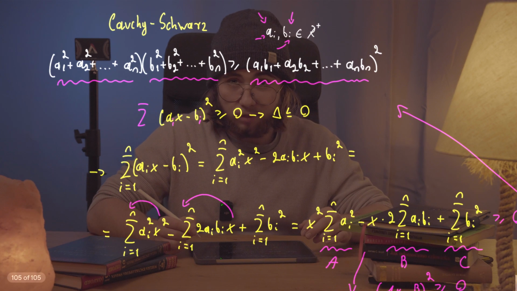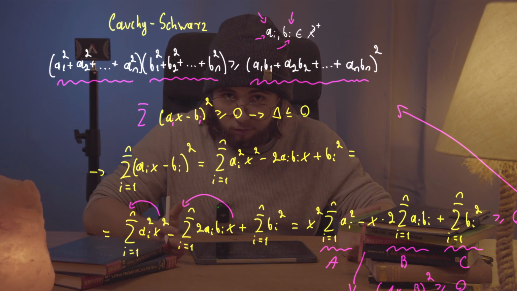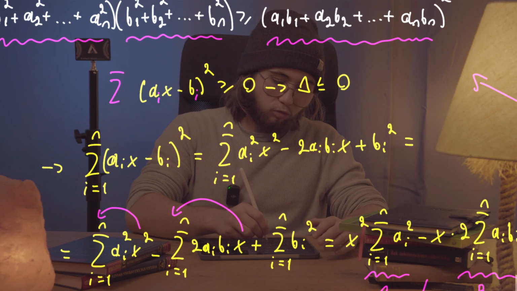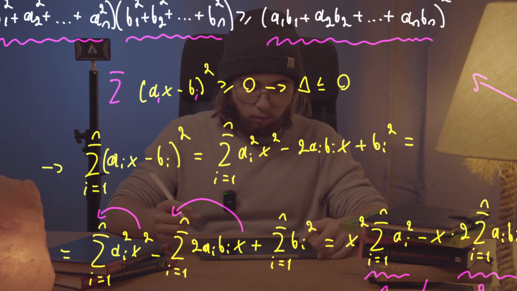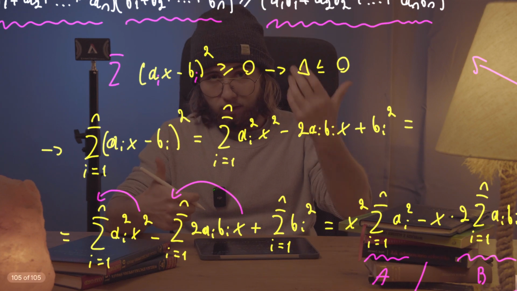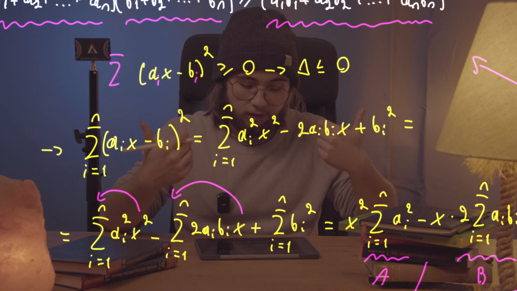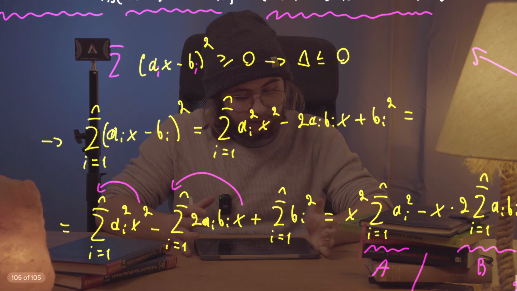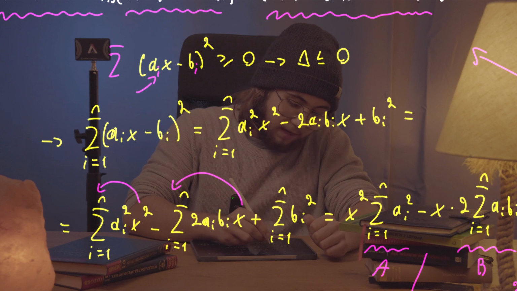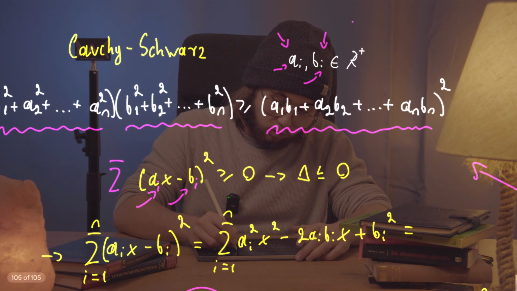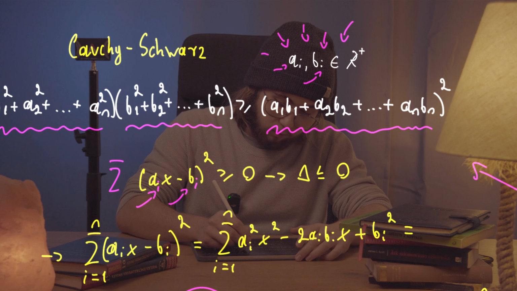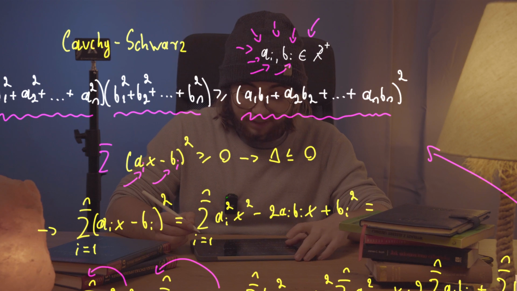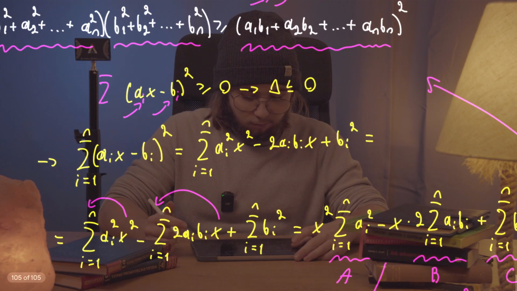So the Cauchy-Schwarz inequality. Once again, what did we do to prove it? We considered the quadratic (ax - b) squared, which is always greater than or equal to 0, and that has a discriminant which is less than or equal to 0. We replaced the a and b here with a_i's and b_i's from our original sequences of positive real numbers.